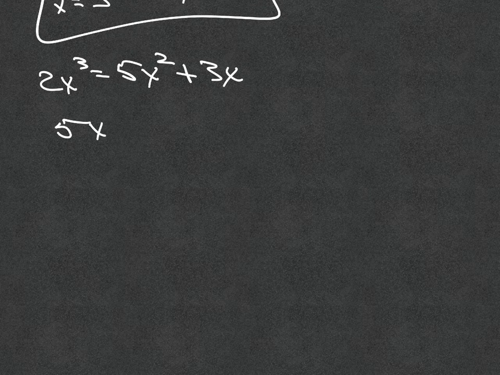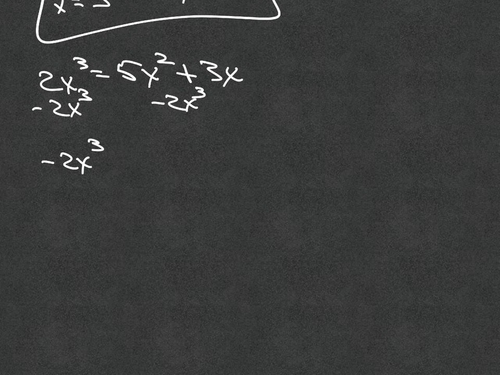So 5x squared minus 2... I'm going to go ahead and do the work instead of just doing it in my head, because it might be a little confusing. I'm going to subtract 2x cubed from both sides. So then I get -2x cubed plus 5x squared plus 3x equals 0.